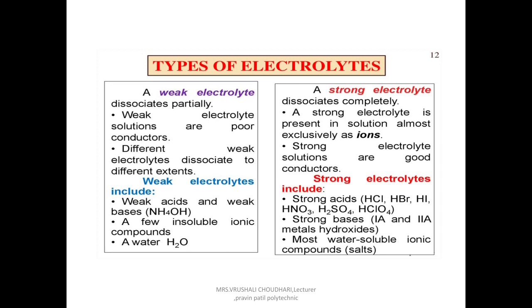Examples of weak electrolytes are weak acids and weak bases like ammonium hydroxide and acetic acid, which are soluble in water but produce very few cations and anions. While strong acids and strong bases like HCl, HBr, HNO3, H2SO4, as well as NaOH and KOH, when they dissolve, form a large number of cations and anions and are called strong electrolytes.